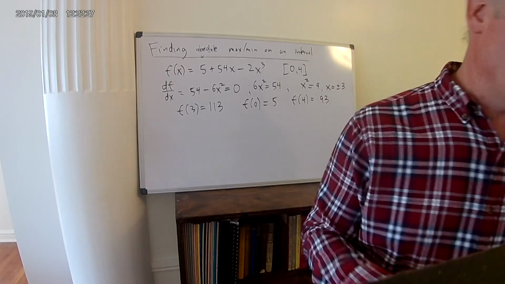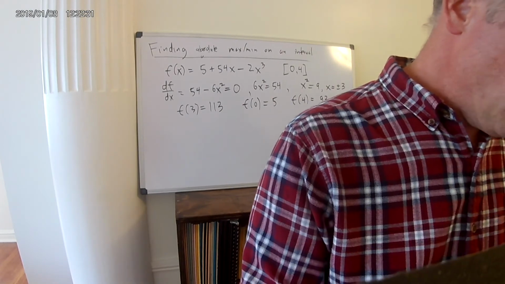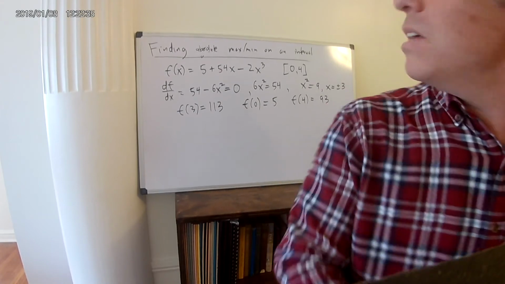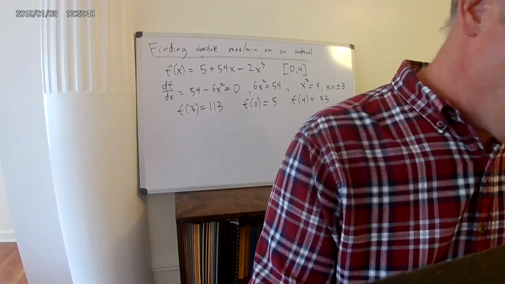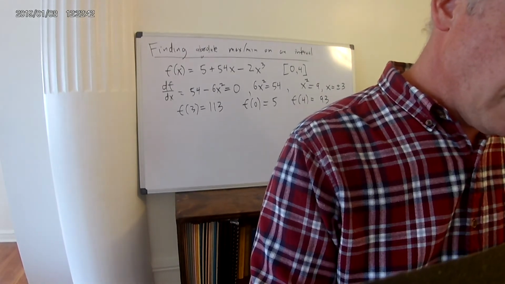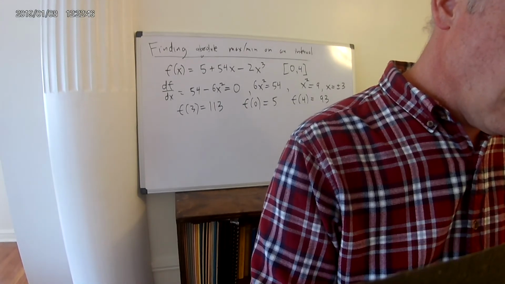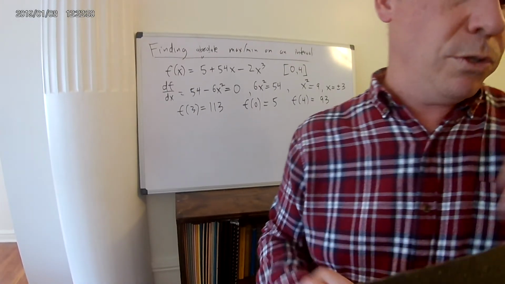So what I'm going to do is I'm going to graph this function, which is 5 plus 54x minus 2x raised to the third power. Okay, this is what we get. Let's look at this function. I'd like to spread out the x and y axes, but anyway, this is what we'll do.